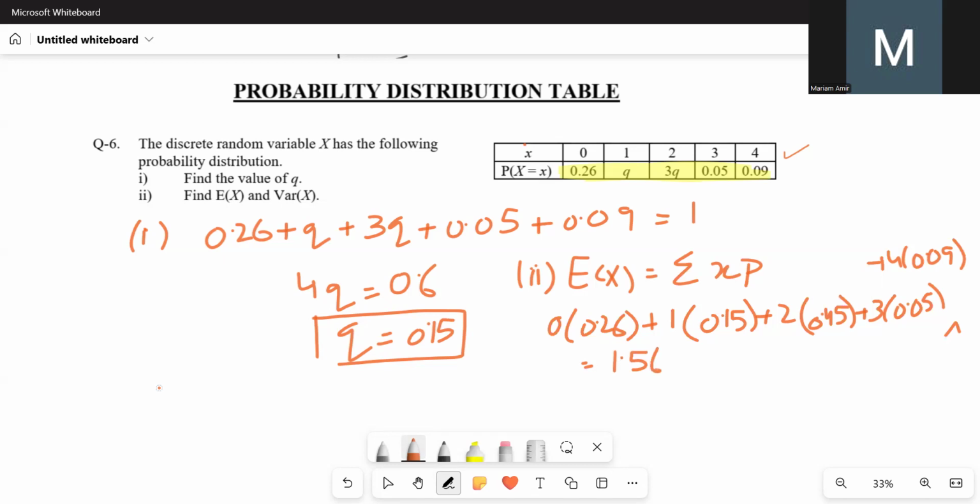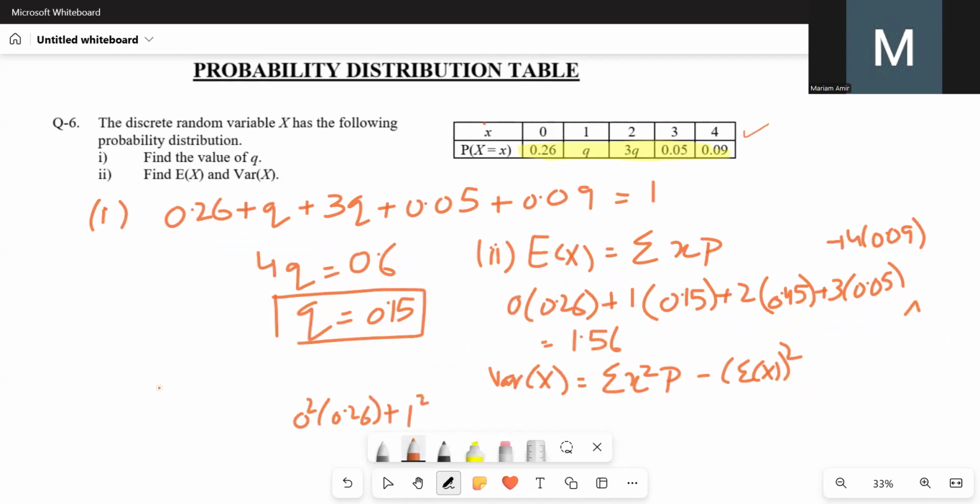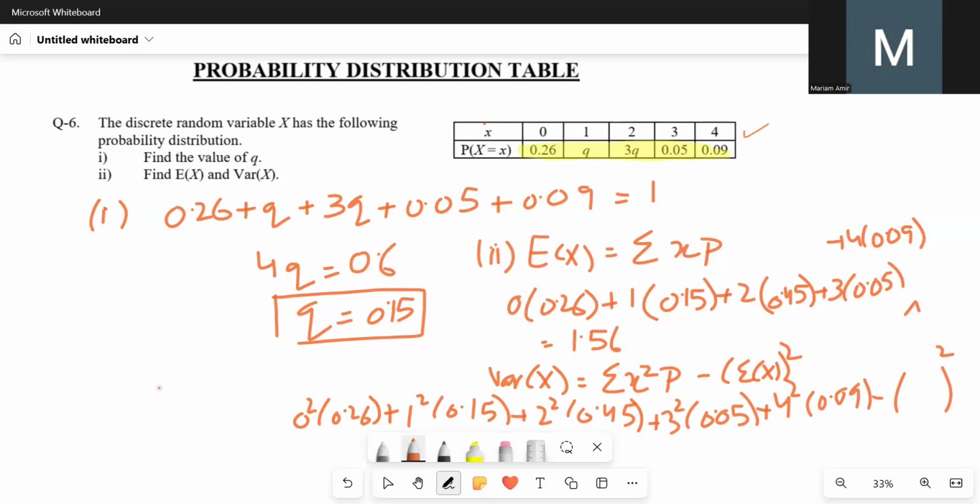Next, we have to find the variance. The formula for variance is summation x squared p minus expected value squared. Okay, so we will do 0 squared times 0.26 plus 1 squared times 0.15 plus 2 squared times 0.45 plus 3 squared into 0.05 plus 4 squared into 0.09, minus mean squared, and the mean or the expected value was this 1.56 squared.